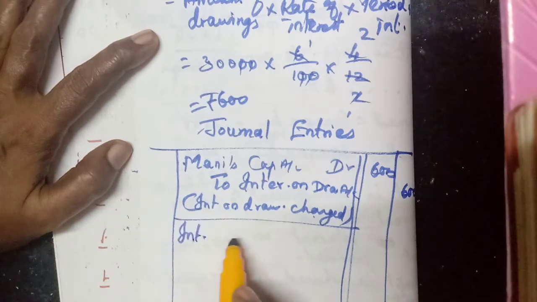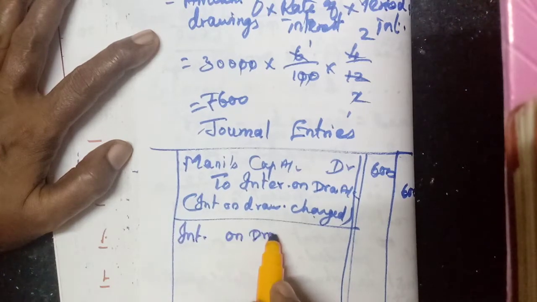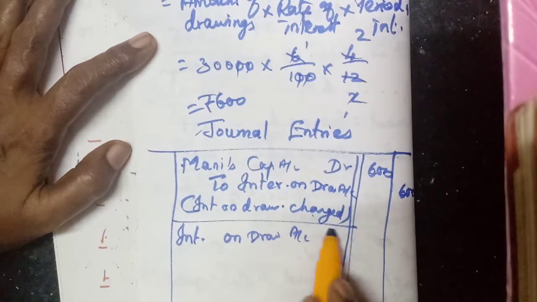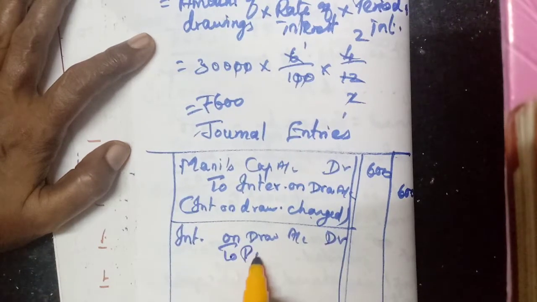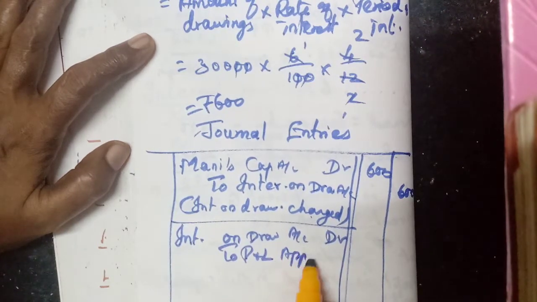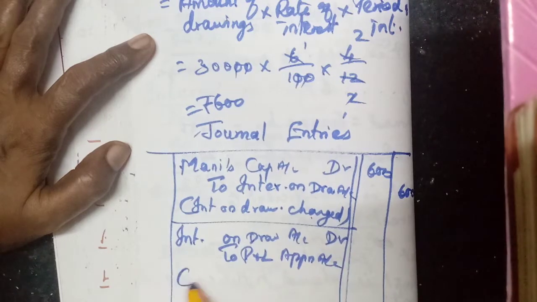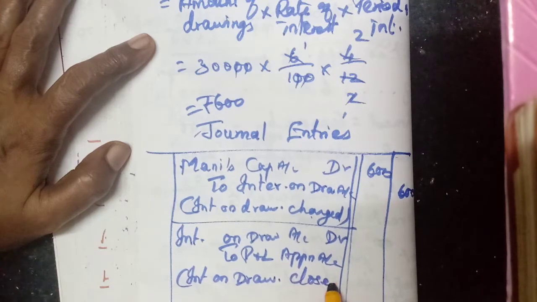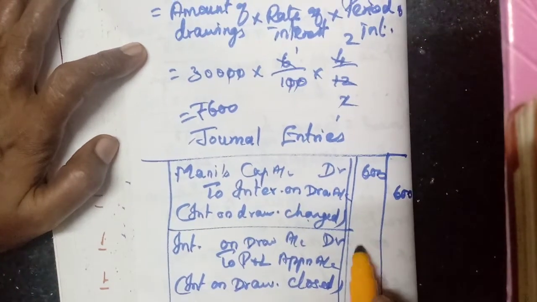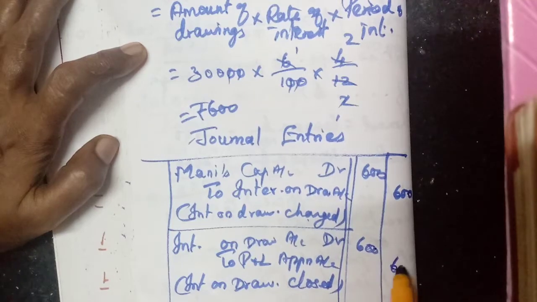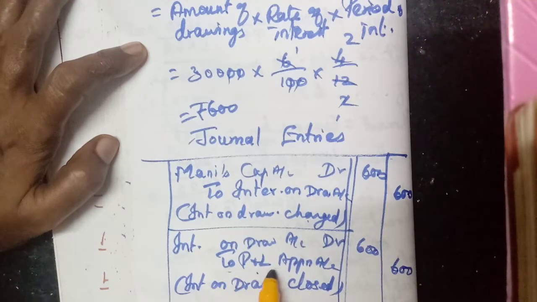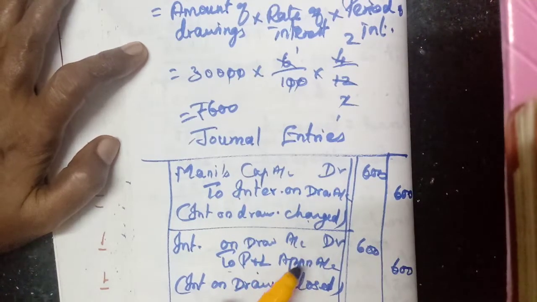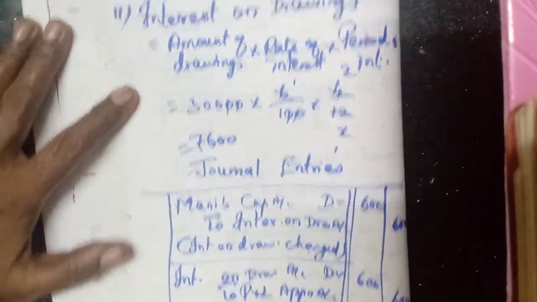Interest on drawings account debit to profit and loss appropriation account, interest on drawings closed, 600. Since it is an income, we should credit the profit and loss appropriation account.